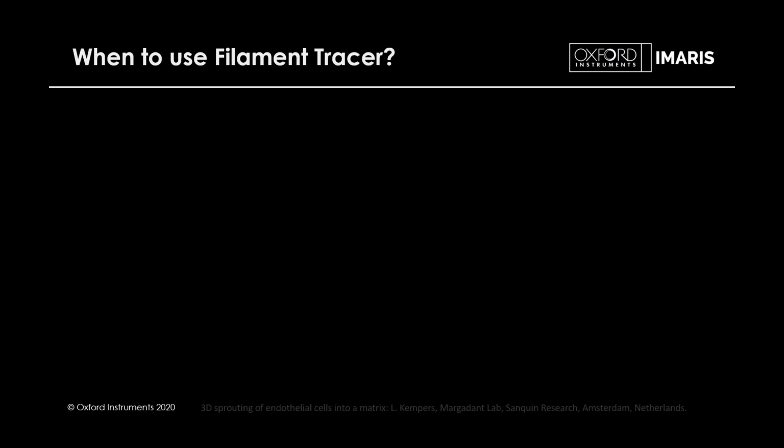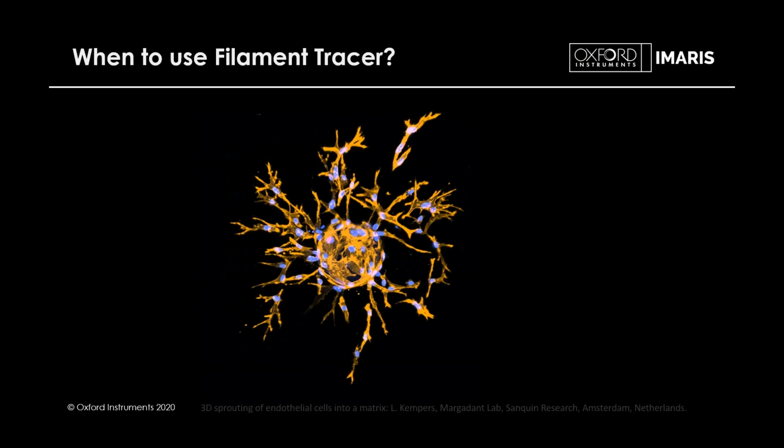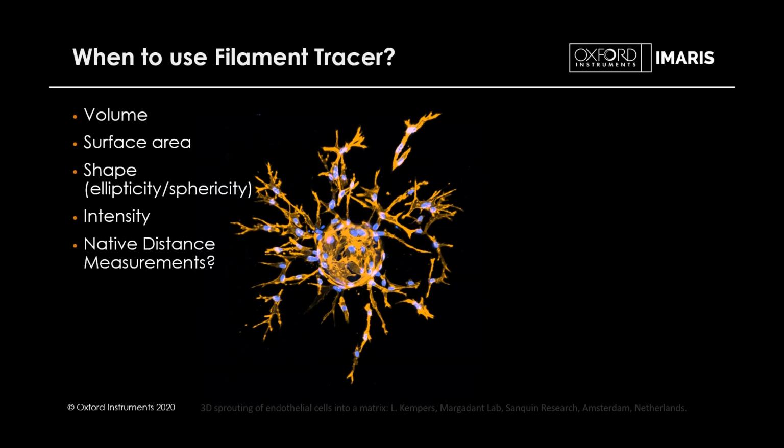So when should we use filament tracer as opposed to other models available in Imaris? Suppose we have a cell that has some projections, just like this beautiful endothelial cell. The first question would be, what type of analysis are we interested in? Are we looking to measure the volume or the surface area, its shape in terms of ellipticity or sphericity?